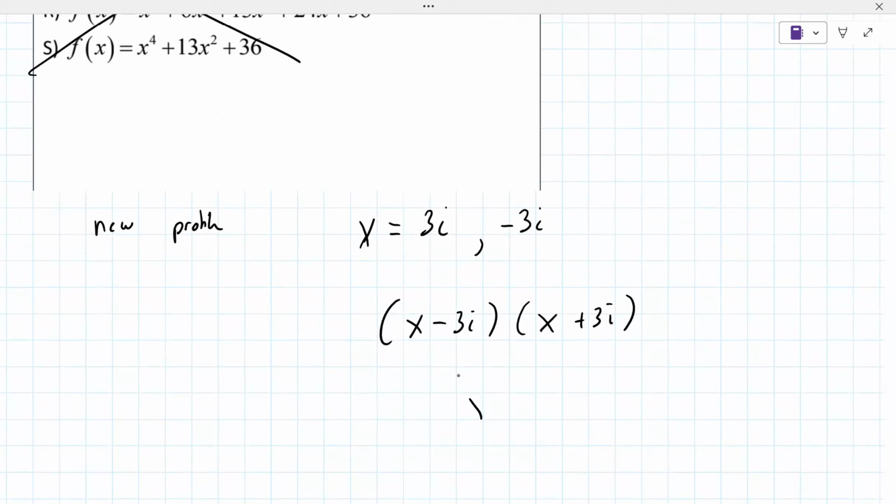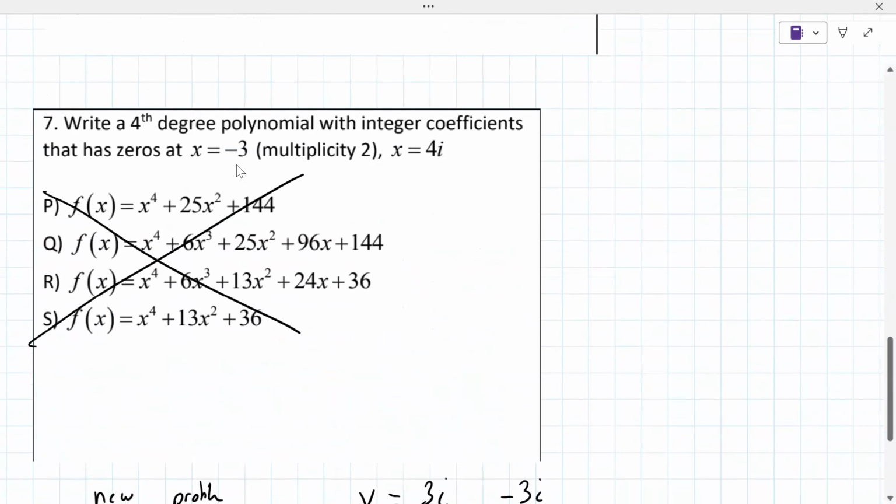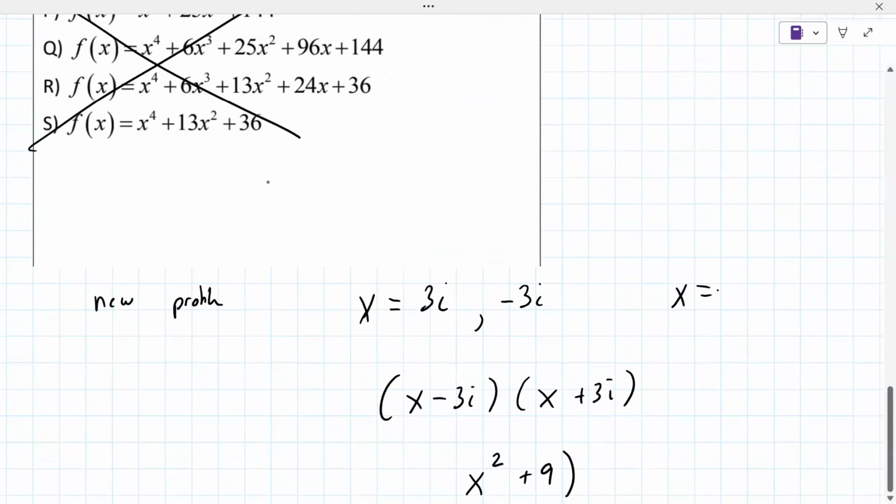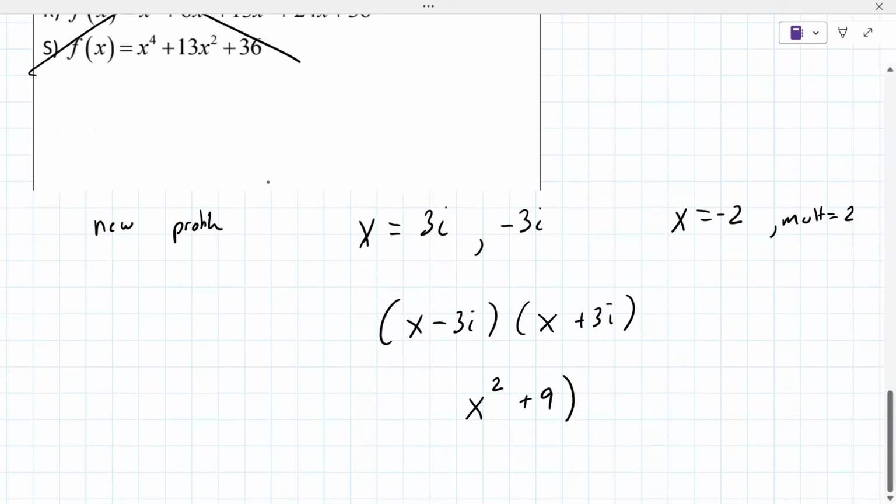If you can, you want to be able to do it without even foiling. Any idea what this becomes without foiling? X squared plus 9. Yeah. So then you pair that up with another root or zero. Let's just do x equals -2, multiplicity of 2. So that is x plus 2 squared.